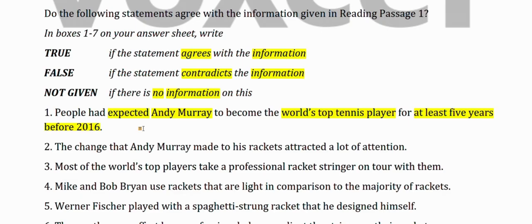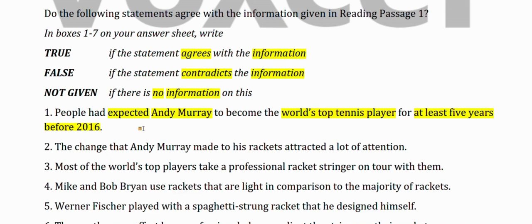The information will be false when they were not expecting him to be the number 1 player for at least 5 years. Maybe they were expecting it for only the last year, or maybe only from 6 months ago.